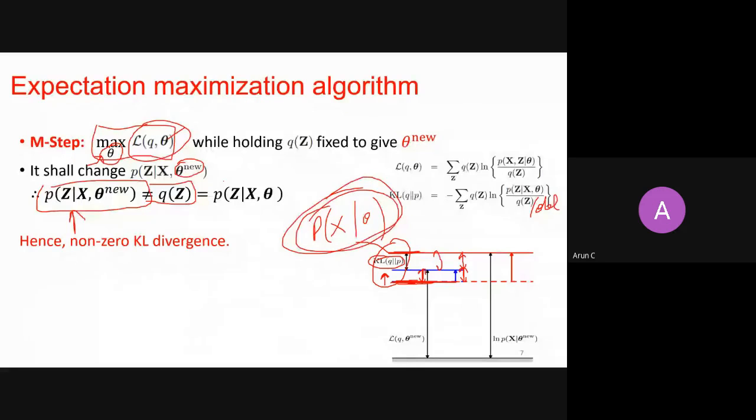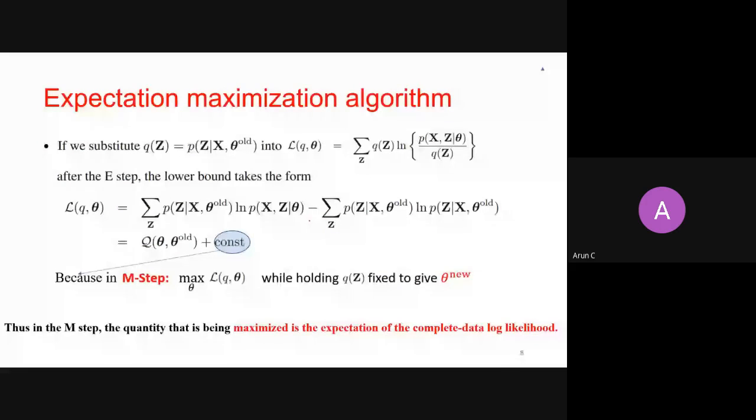Right. So okay then. As I said, if we substitute my Q with this thing in this likelihood function, right? So in my expectation step, E step, I was putting my posterior Q(Z) equal to the posterior of P. This is the E step I have shown here.